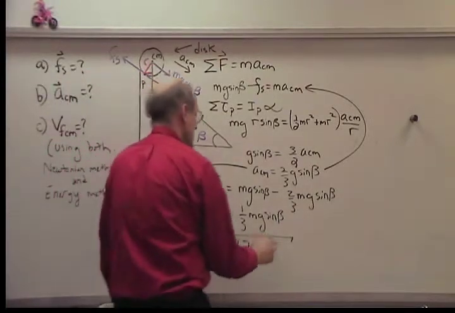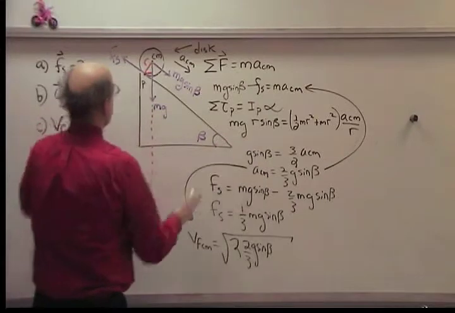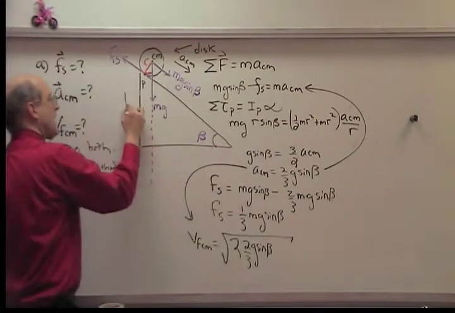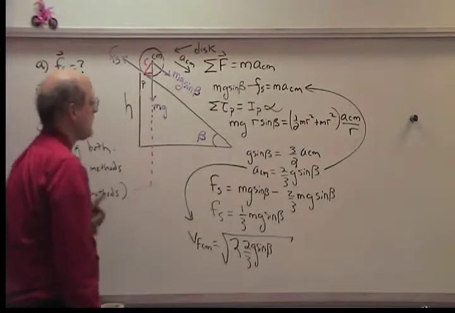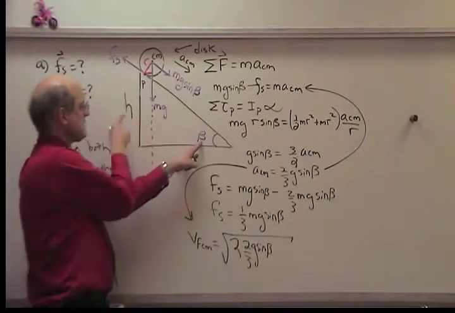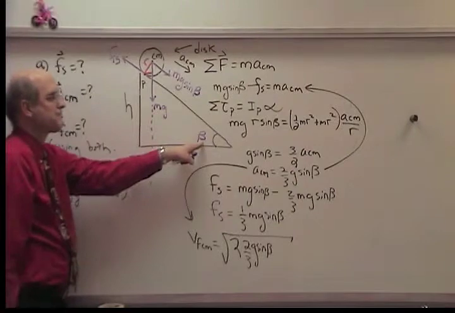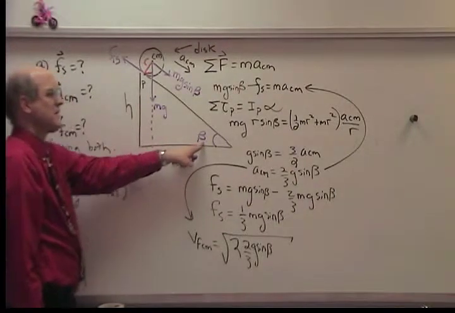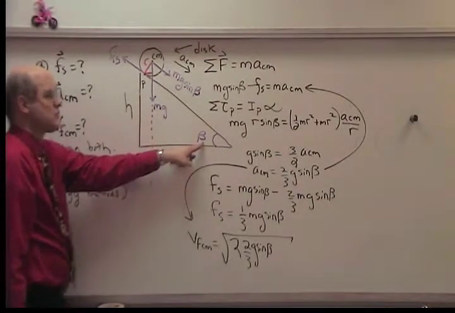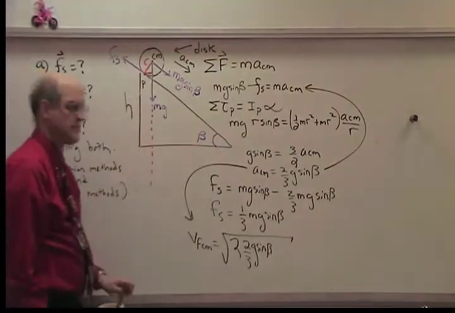And the distance down the hill we can find if we know the height of the hill, h, since the sine of beta is equal to h over the distance down the hill, then the distance down the hill should be equal to h over sine beta.